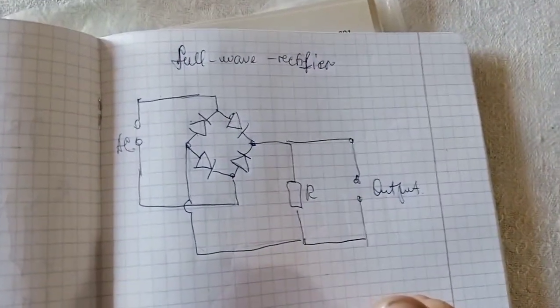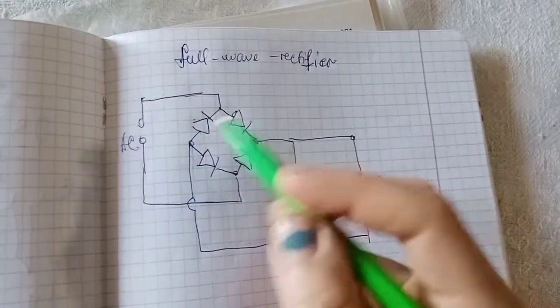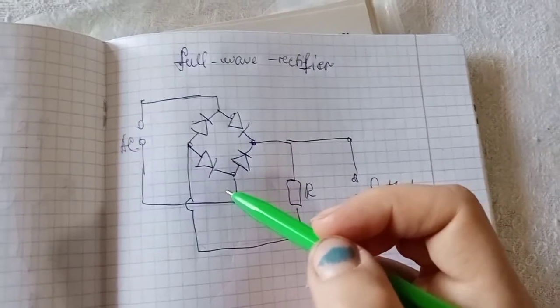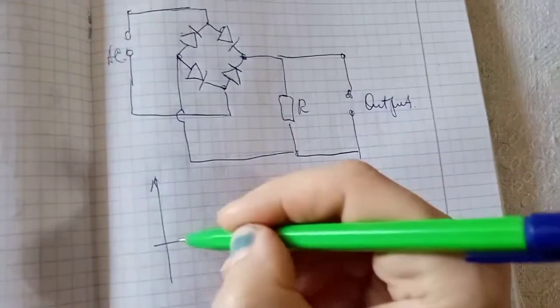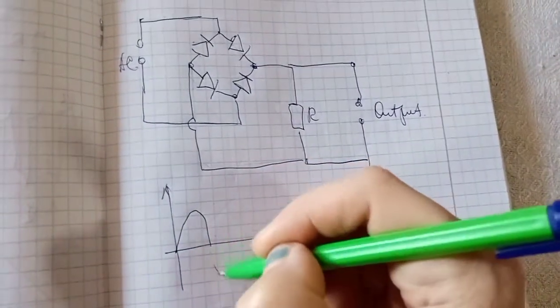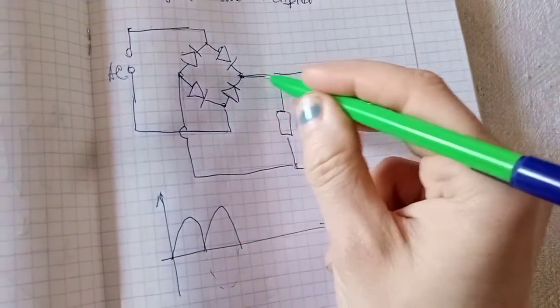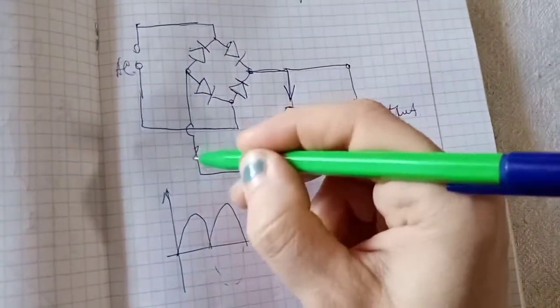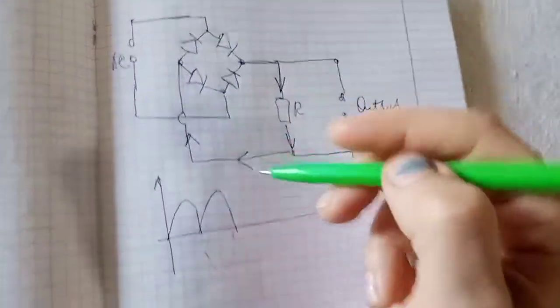That's very important. This bridge of diodes allows current to flow in one direction, and when current flows in the other direction, it converts it to flow in one direction. So here it will be a stable flow of current, no matter which direction it comes from.